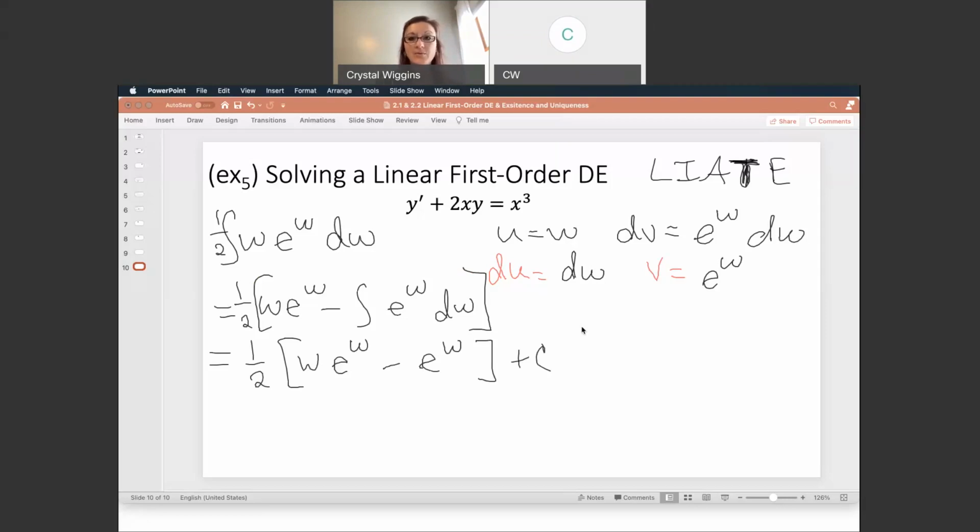And our w was originally, if we go back to the beginning of the problem, x squared. So let's substitute that in. So we have 1/2 times x squared e to the x squared minus e to the x squared, all plus c. Notice I'm tacking the plus c onto the end because it's a constant that represents any constant. So manipulations of multiplying it by other constants like 1/2 is irrelevant.